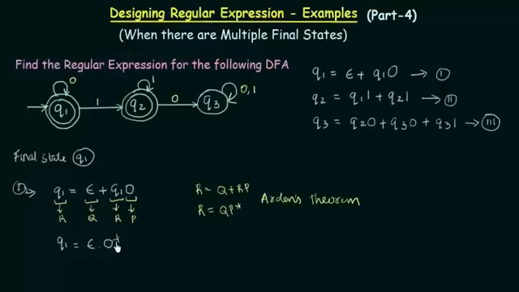So 0 star. And also we know from our identities that epsilon into R is equal to R itself. So here we have epsilon into 0 star, where 0 star is the R, so epsilon into 0 star will be 0 star itself. So here I get the regular expression for my final state Q1. Let me call this equation number 4.